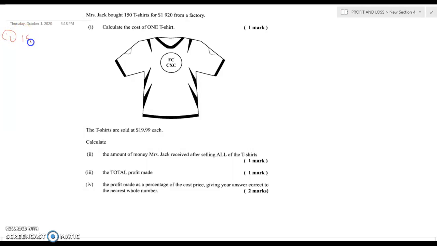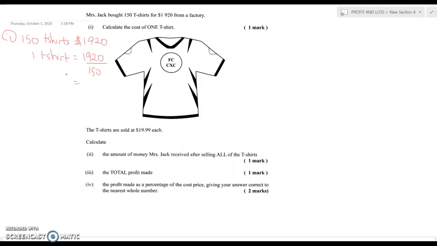So 150 t-shirts equals $1,920. You want to find the cost of one t-shirt, so remember you have to divide, right? 1,920 divided by 150. You could just use a calculator and work that out.